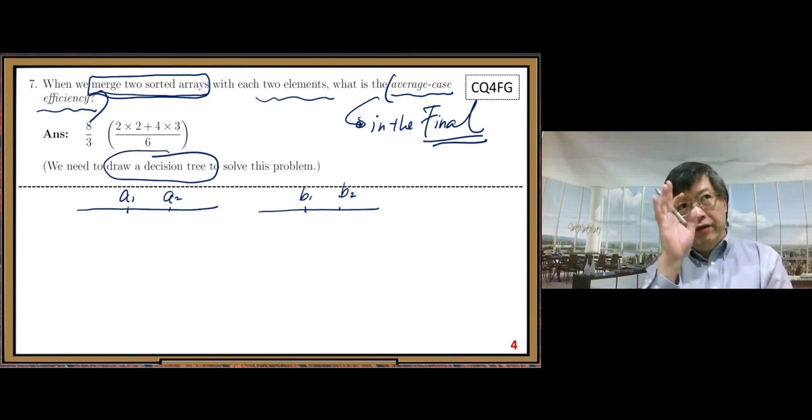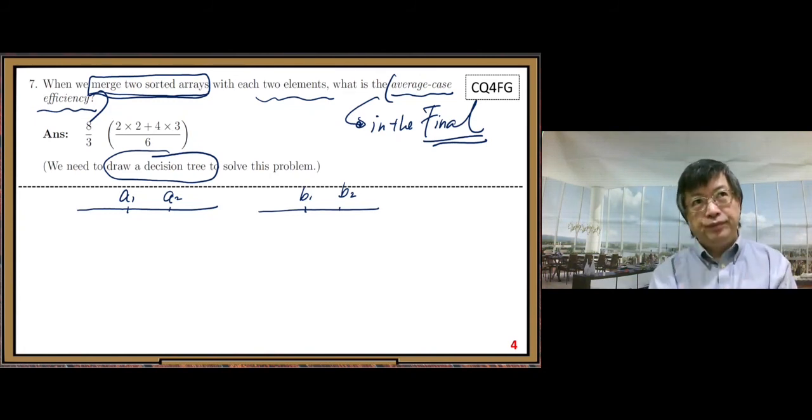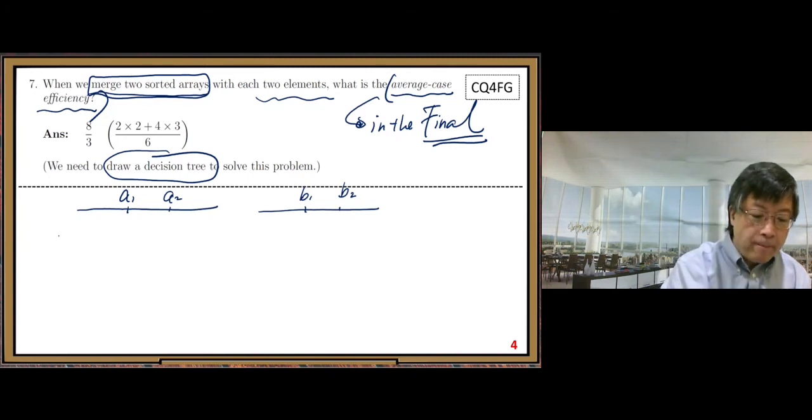First, when we do the merge, let's try to divide it into different cases. Case one.